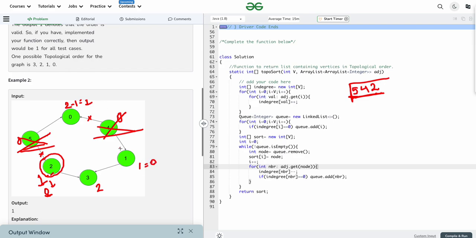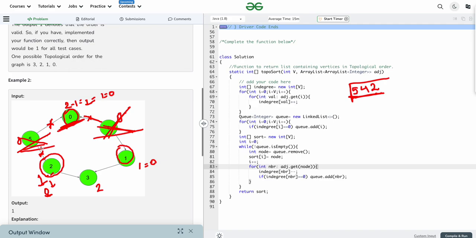I can pick this 0, but I can't pick this 1, because it is still dependent on something. Actually, it is not dependent on 5 anymore, because when we removed 5, we had to remove all these 2 edges. The incoming nodes for this 0 was 1, and when we removed this 4, the in-degree got reduced further, and that means we can now take 0 as well.